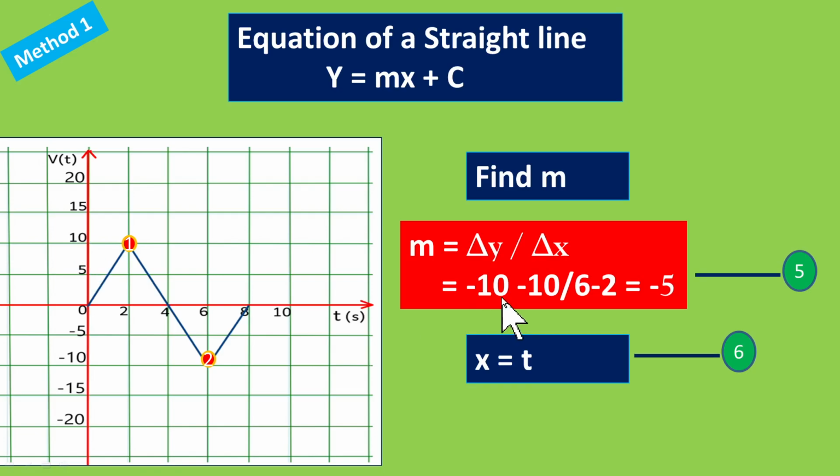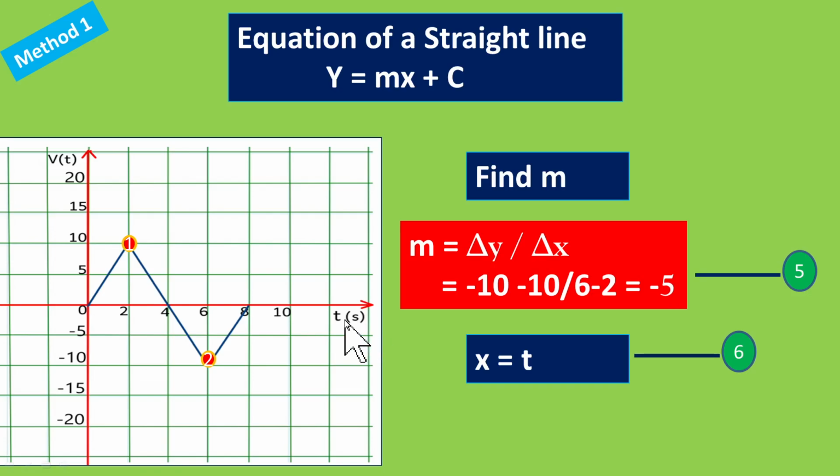So minus 10 minus of this plus 10, divided by, and this x value is actually changing from this 2 to 6, isn't it? So it is 6 minus 2 along the x-axis. So it is minus 20 divided by 4, that is equal to minus 5.